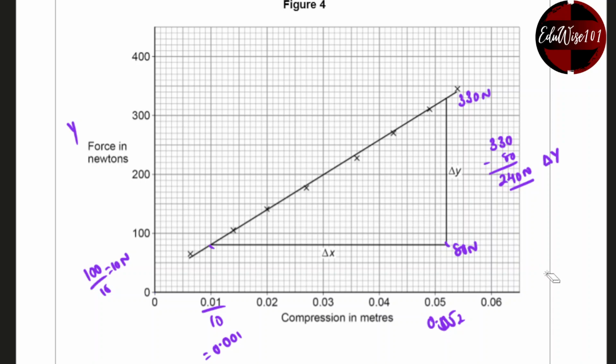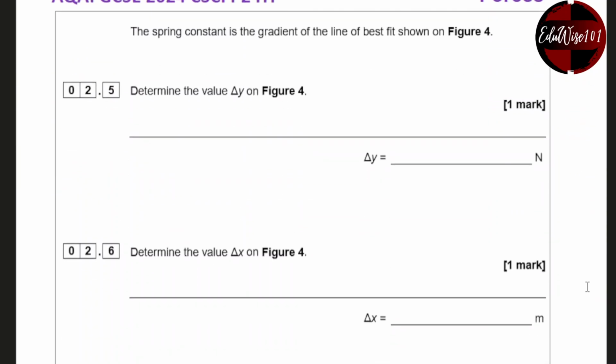We'll rewrite that again properly. So I got 0.052 take away 0.01. That gives me 0.042. So 240 and 0.042.